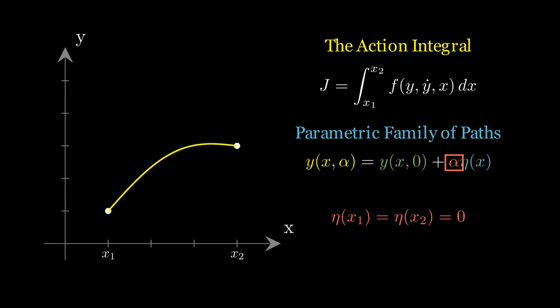For simplicity, we assume both the correct path and the auxiliary function are well-behaved, continuous and non-singular between x1 and x2, with continuous first and second derivatives. Crucially, because all varied paths must pass through the fixed endpoints, the variation must be zero at those endpoints. This strictly requires the arbitrary function to vanish at points x1 and x2.